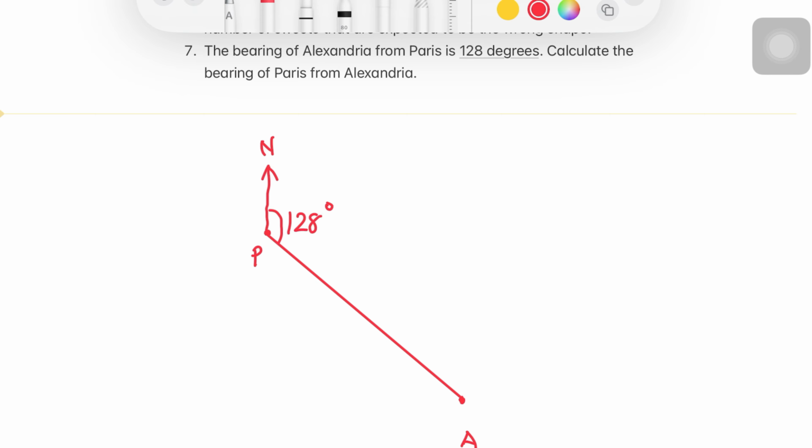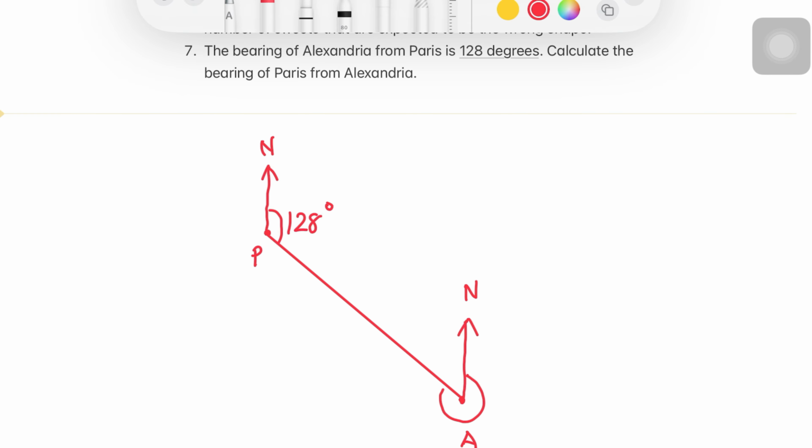Now, calculate the bearing of Paris from Alexandria. So you have to understand reverse bearings. To reverse a bearing, we can just add 180 degrees to the given bearing, or you can draw north here. What we are looking for is the bearing of Paris from Alexandria.